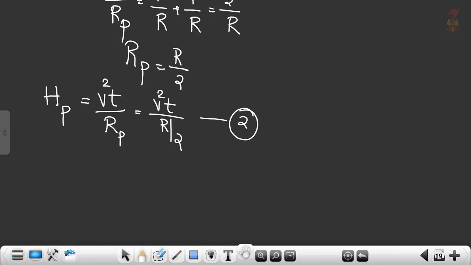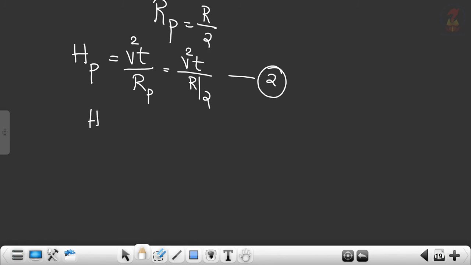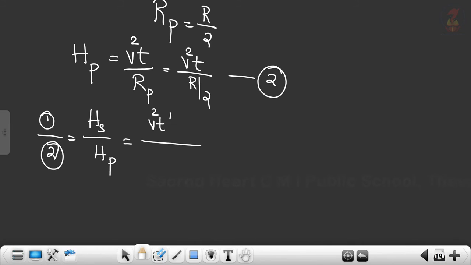Now, we need to find the ratio, equation 1 divided by equation 2. Okay. So, we will write the ratio like this: V square T by 2R, over V square T by R by 2.